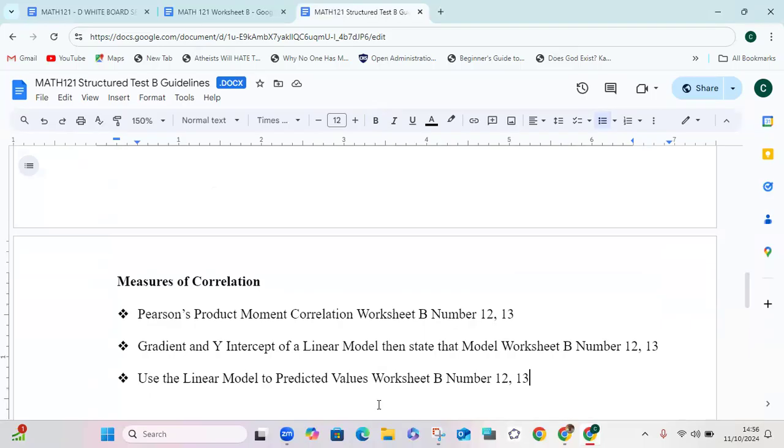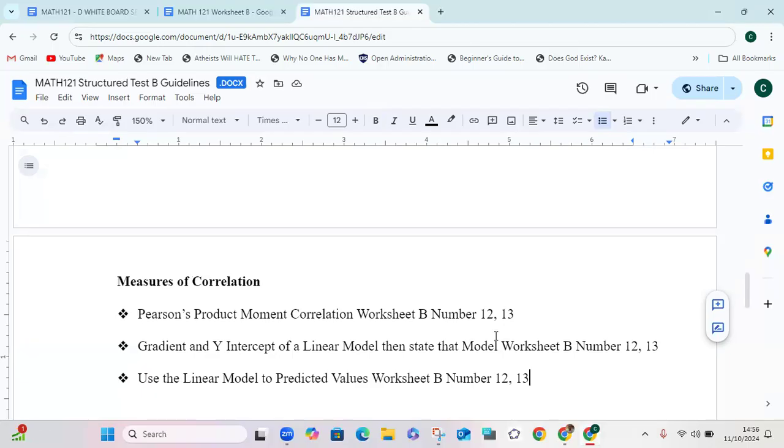But in the evaluation, you'll be evaluated only on Pearson's. And to practice Pearson's, you go to worksheet B, number 12 and 13. And by the way, number 13 and 14 are very important questions because they will copy and paste from past papers. So their structure will be very identical to what you expect in evaluation B. So please practice 13 and 14 for sure, okay?